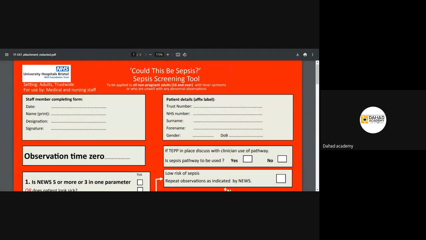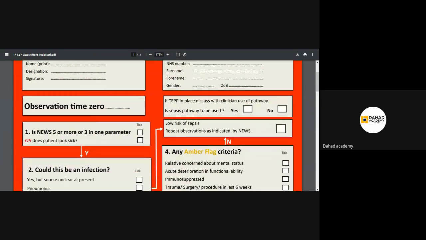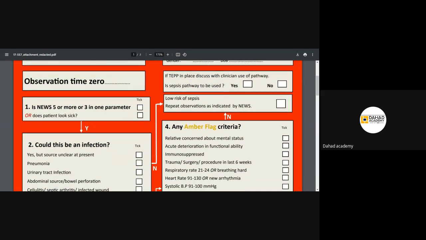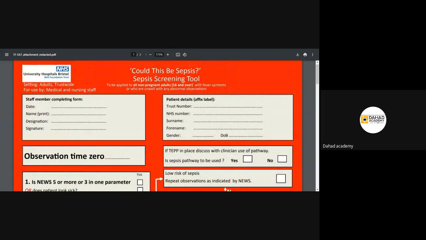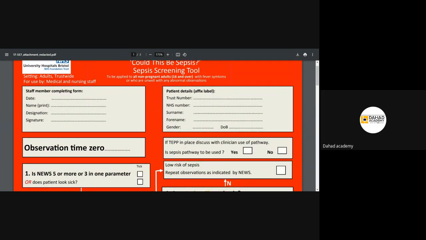Every single patient who comes to A&E, or is in the ward and has one of the critical NEWS, scoring 5 or more, or 3 or more in one parameter, we would consider infection, we would consider sepsis. And if you are considering sepsis, there is a protocol you should follow, whatever the hospital, wherever you are.